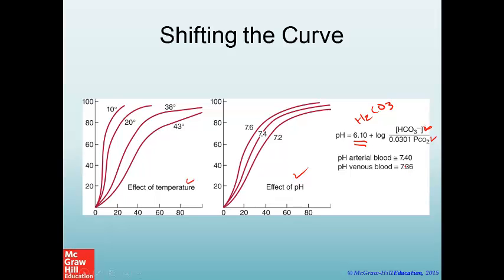So this shift is going to help us to load and unload oxygen. Metabolically active tissues are going to have a higher temperature. They're also going to have a higher CO2, which is going to give you a lower pH, because of this relationship that we've talked about before.